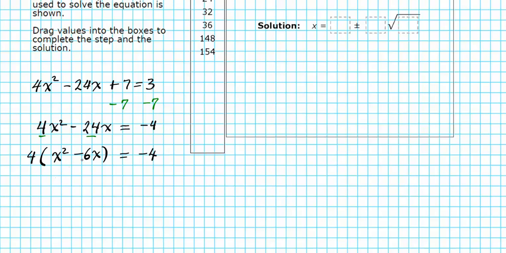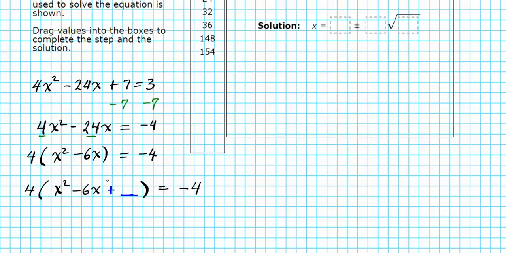So we want to make this a perfect square trinomial, okay? So we have x squared minus 6x, the a and b components. Now we need a c component. We have to add a number that makes this a perfect square trinomial, all right? On the right side, we have negative 4.